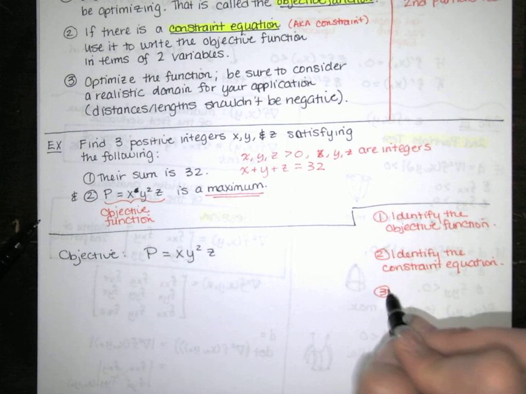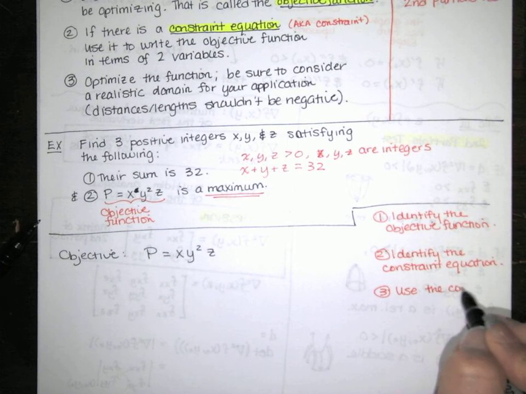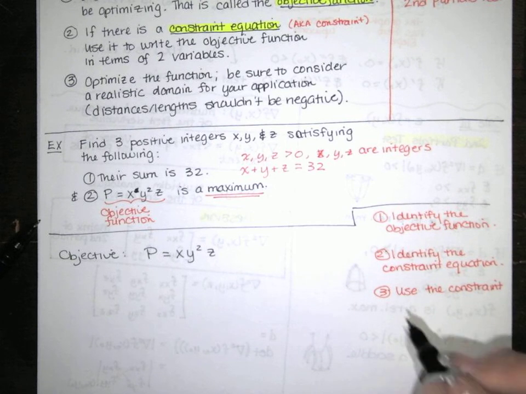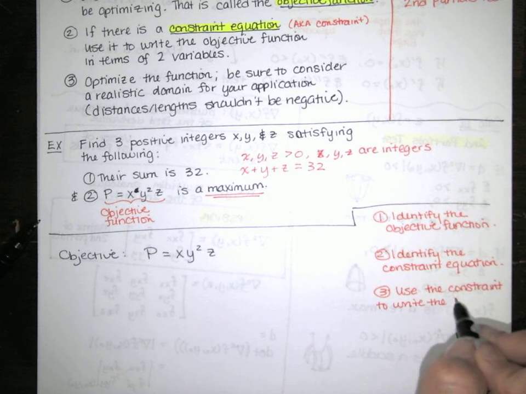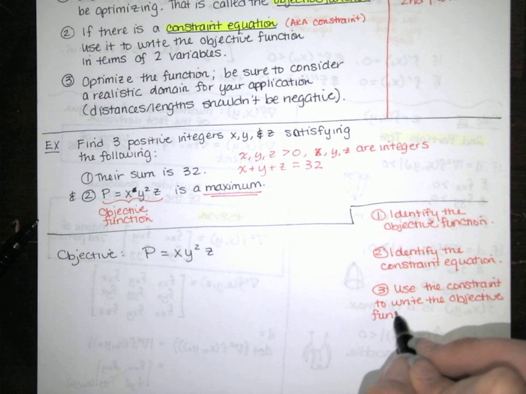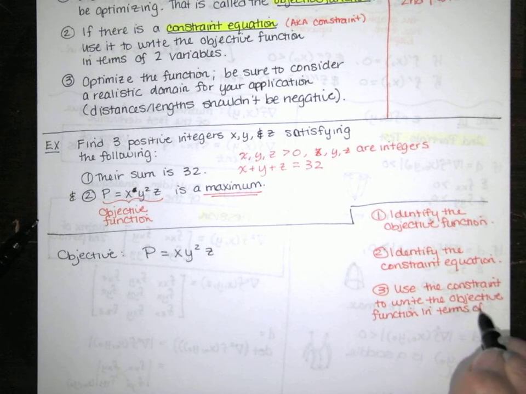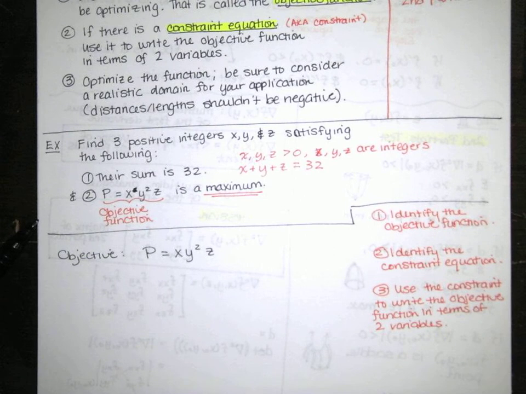And next we want to use the constraint to write our objective function in terms of 2 variables only, because we're in Calculus 3 and we only can optimize functions of 2 variables with the version of the second partials test that we've discussed.